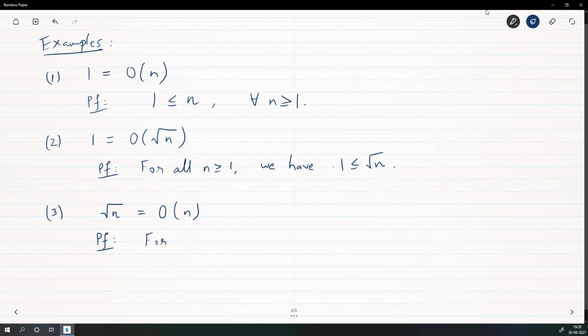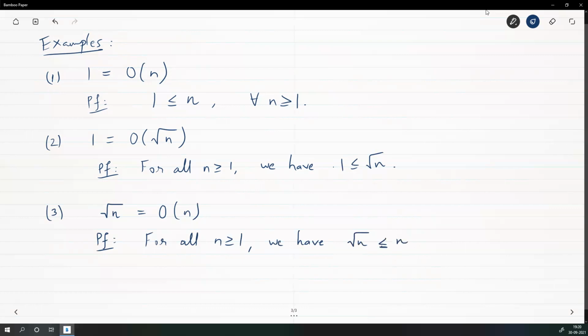Since we are only considering positive numbers greater than or equal to 1, square root n is in fact less than or equal to n.